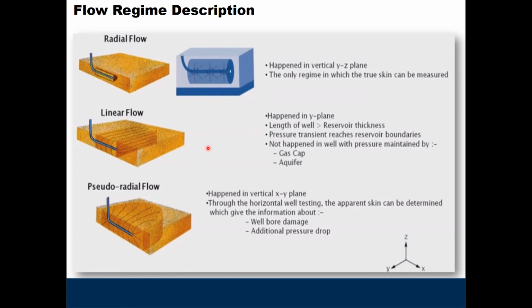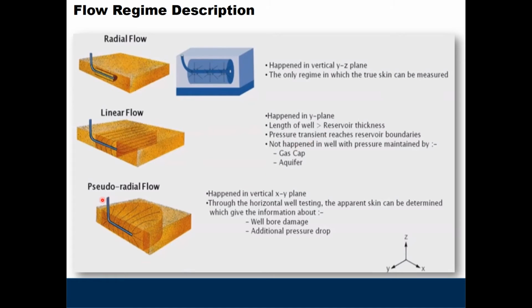This occurs as a result of the pressure transients reaching the reservoir boundary, either upper or lower. The linear flow will not occur in a well with pressure maintained by gas cap and aquifer, nor will it happen in a reservoir with thickness higher than the length of the well. And for information, linear flow occurs as a result of pressure buildup.